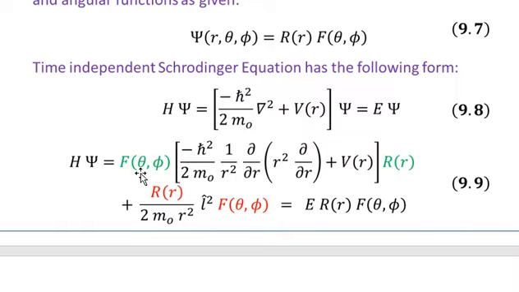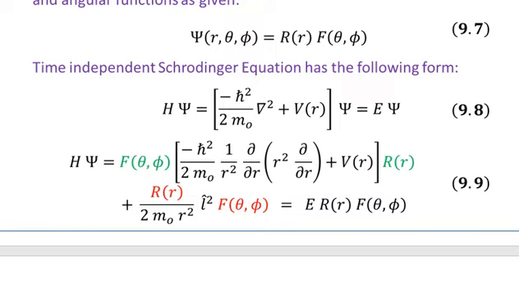So f of theta and phi will be independent of the radial part, and the radial operator will not operate on that quantity. So I have taken the azimuthal part on the left hand side of this square bracket, whereas capital R, which depends upon the radial part, will be operated by the operator in the square bracket. So I have kept the radial part capital R shown in green on the right hand side of the square bracket.